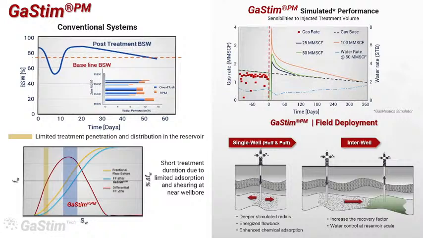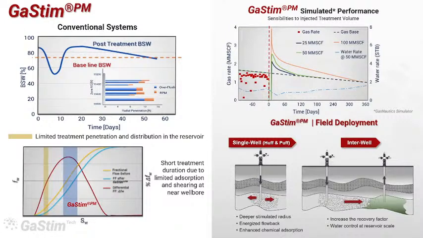The key idea here is that the maximum difference between those fractional flow curves happens at a water saturation value around the middle, closer to deeper into the reservoir, basically.